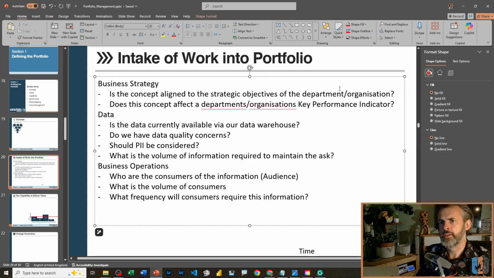Does it change? Here's the question. Does it change whether we would do something if it's seen by the CEO or if it's seen by an end user, like an operator? Does that change the importance of it?